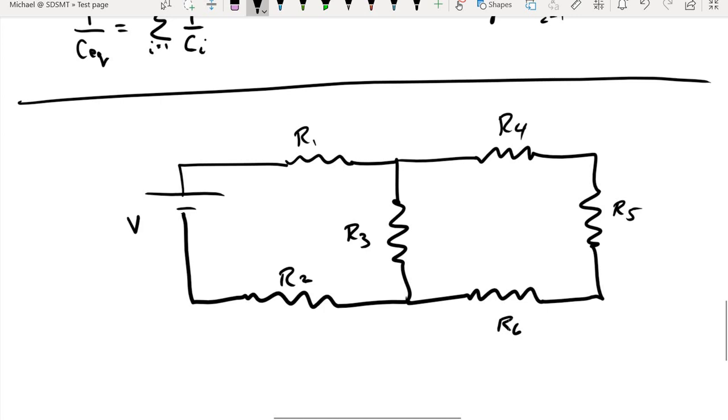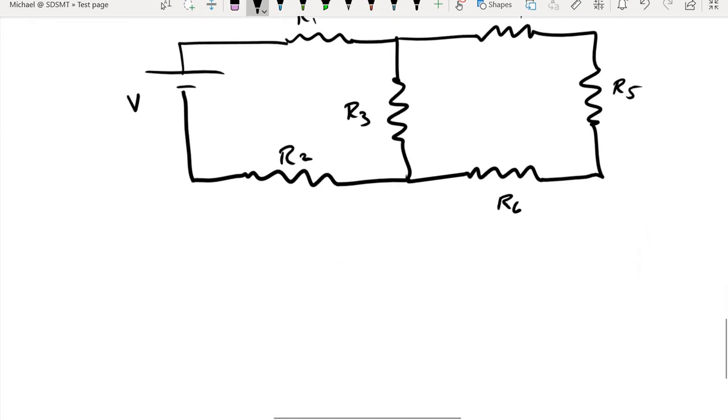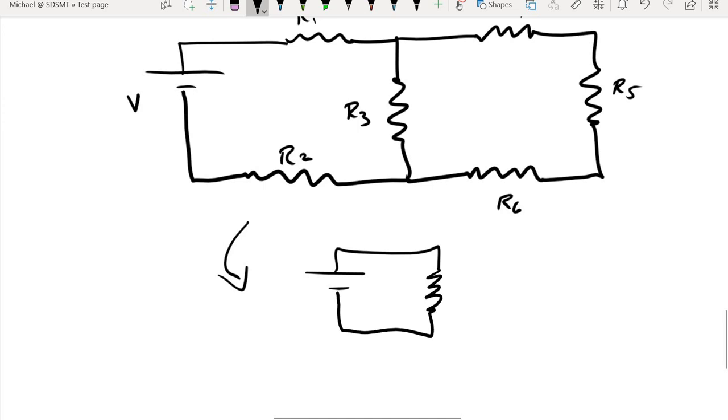What is the potential difference across each resistor? How much current is being drawn out of the battery? And if possible, can we replace all of the resistors in that circuit with one equivalent resistor that will do the same job?